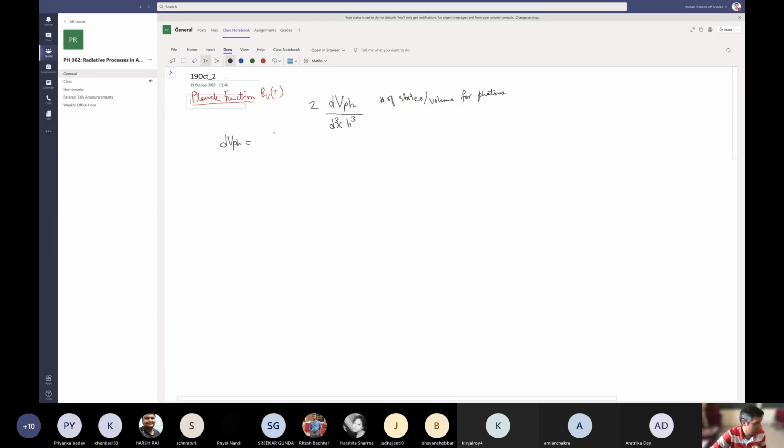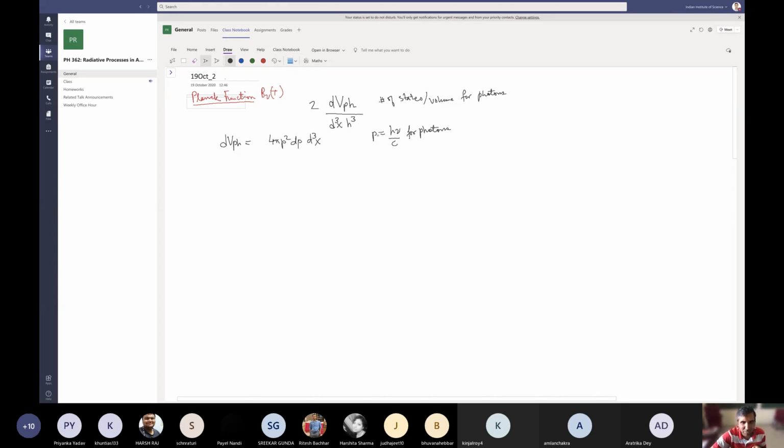So what is dVph? It's nothing but 4 pi, assuming isotropic momentum distribution, p squared dp d3x. This is the phase space volume we are considering, and we know that p equals h nu by c for photons.